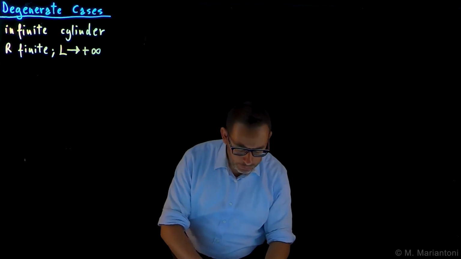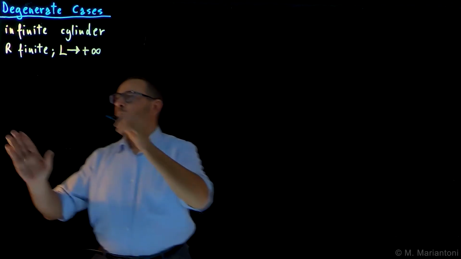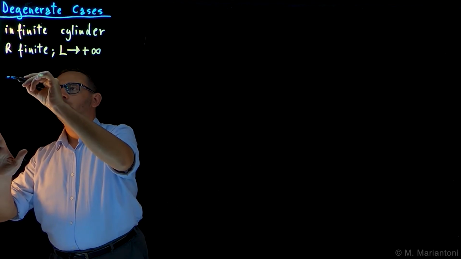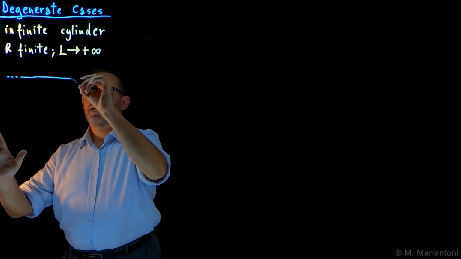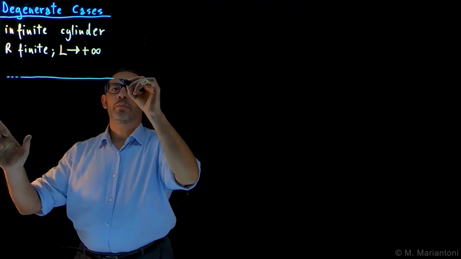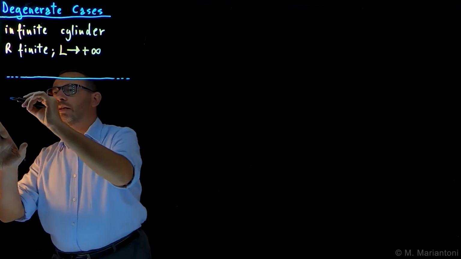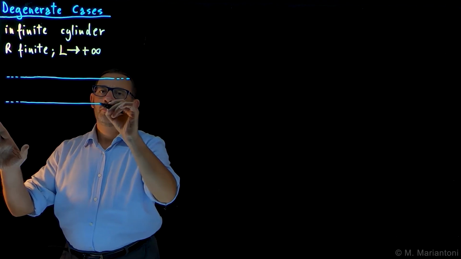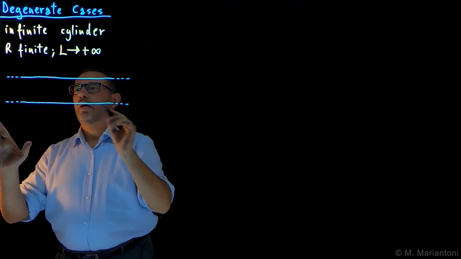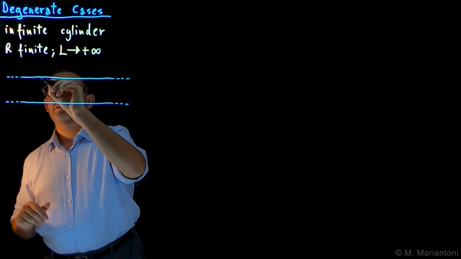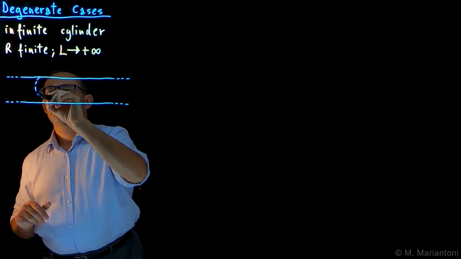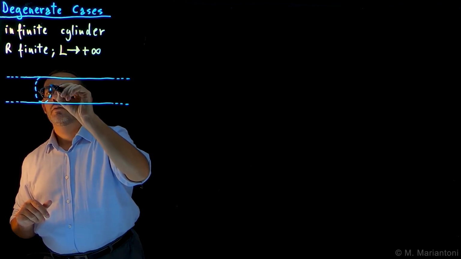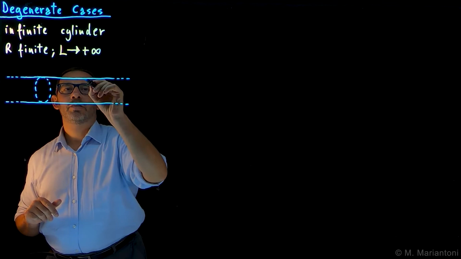Let me sketch it to remind ourselves what this will look like. The dash line here means that it extends to infinity, similarly on the right hand side. And if I take a cross section here, it will look something like this.